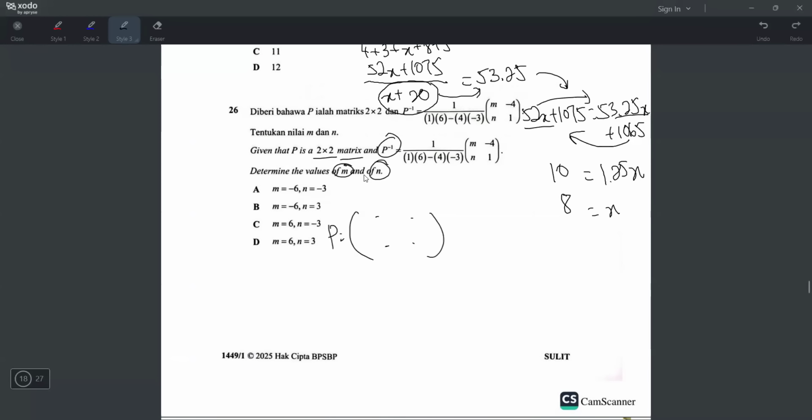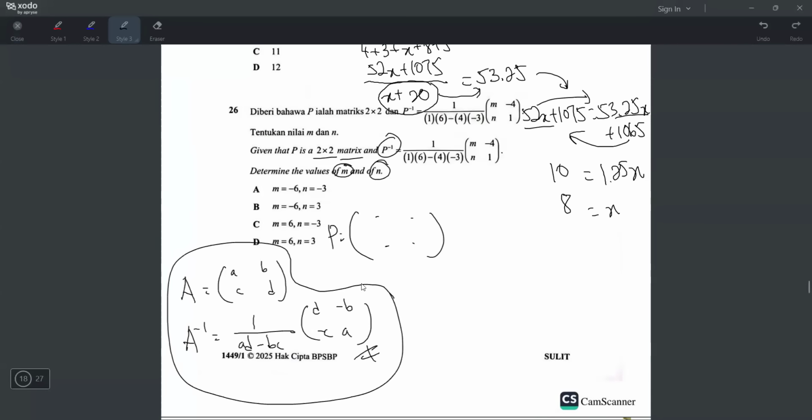Okay, they give you the inverse but then ask you to find back the original matrix. Alright, we all know the formula to find inverse. So if I have matrix A, small b, small c, small d, the A inverse will be what? 1 over AD minus BC and then bracket DA, the AD tukar tempat jadi DA, the BC tukar tanda jadi negative B, negative C. Okay, sudah siap.